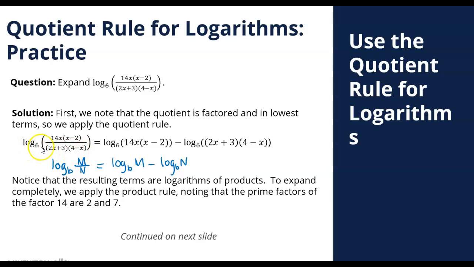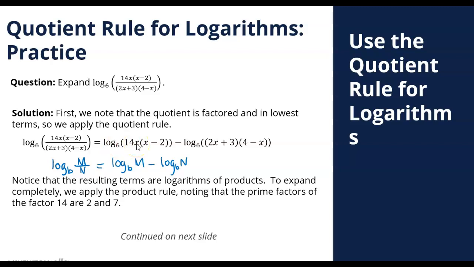So the logarithm base 6 of this m over n is just equal to the logarithm base 6 of your m expression, that is 14x times x minus 2, minus the logarithm of your n expression. Now notice that we can apply the product rule for the expressions here.